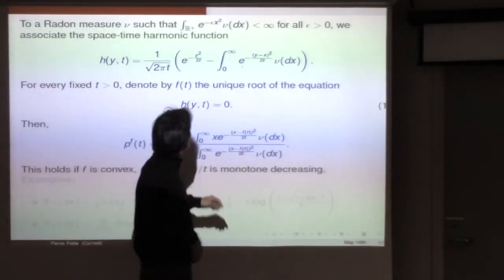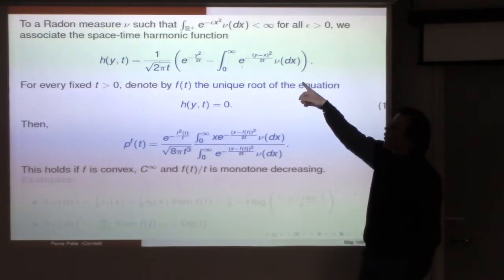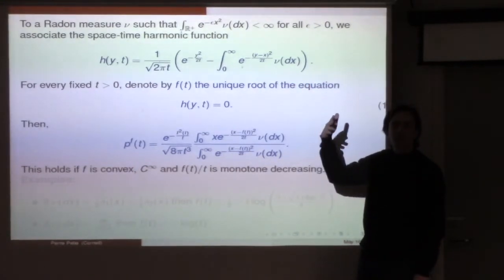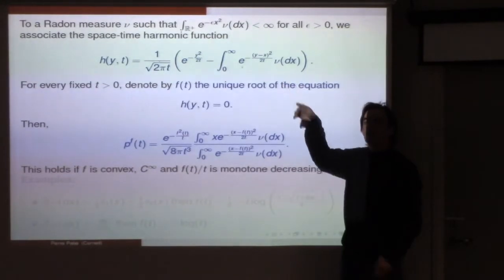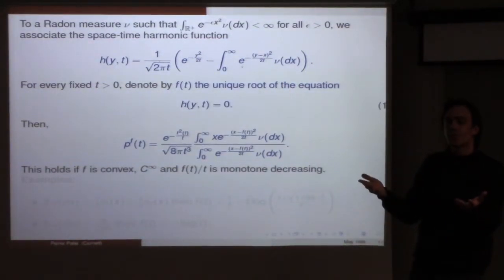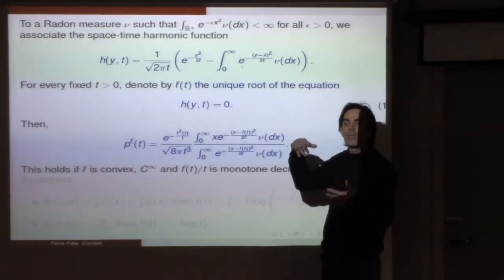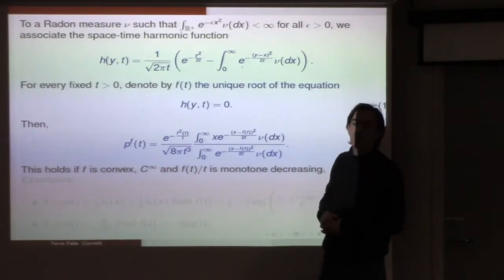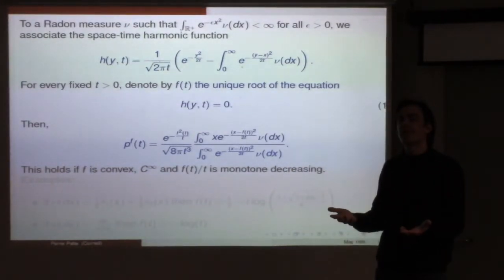It's a result from Widder that all positive solutions of the heat equation admit this representation. You take the elementary solution, which is the transition density of Brownian motion, and integrate it with respect to a positive measure, and if the measure satisfies this integrability condition, then this function will also be a solution of the heat equation.